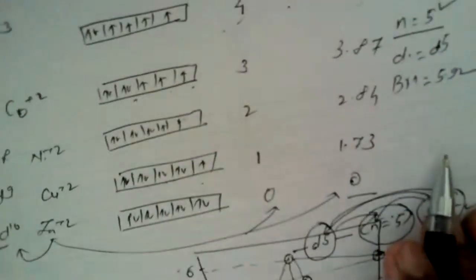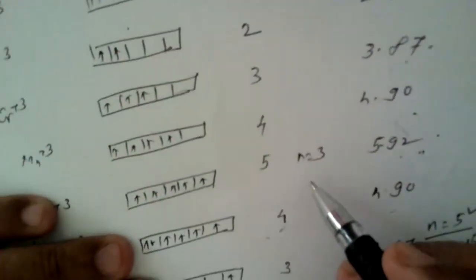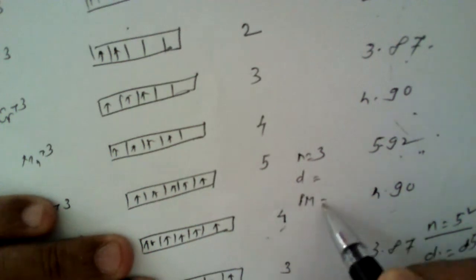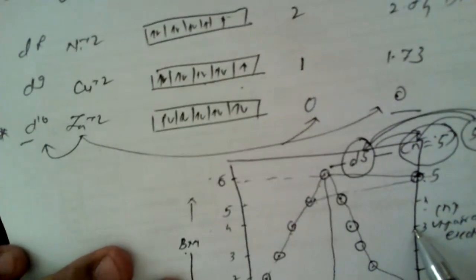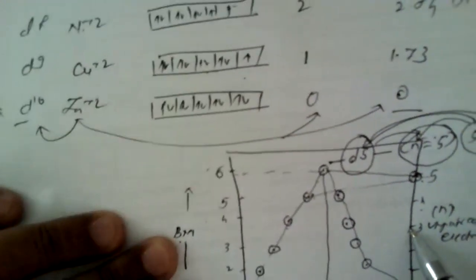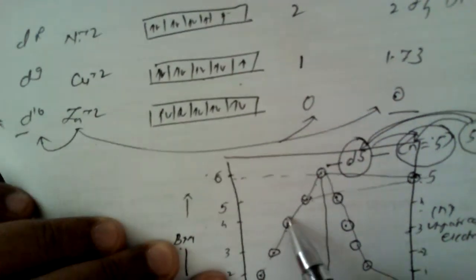Or for example, if we know the total number of unpaired electrons is n equal to 3, you have to find the d configuration and the magnetic moment. How can we calculate? For 3 unpaired electrons, the magnetic moment is 3.87.